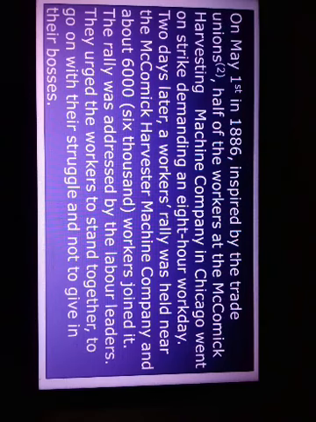Two days later, a workers' rally was held near the McCormick Harvester Machine Company, and about 6,000 workers attended. The rally was addressed by the labor leaders, the trade union leaders. They urged the workers to stand together.